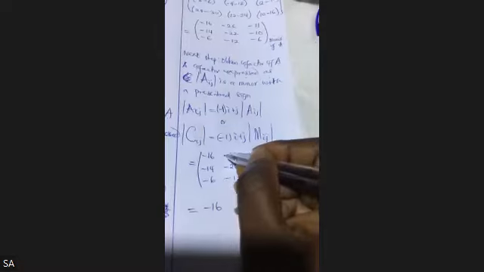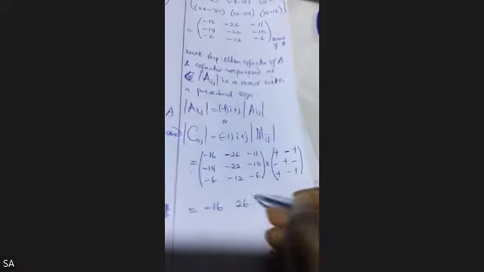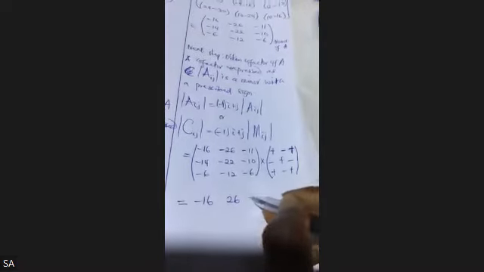So this is what you are now going to do. Plus times minus 16 gives us minus 16. This minus multiplied by minus 26 gives us 26. This plus multiplied by minus 11 gives us minus 11.